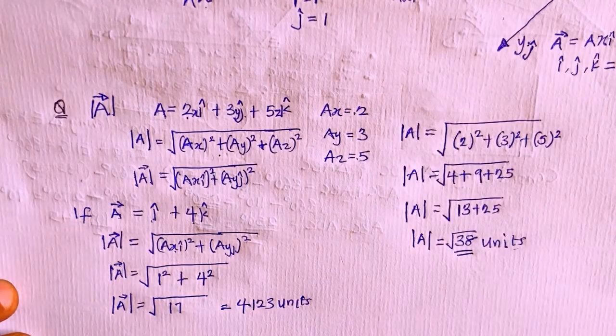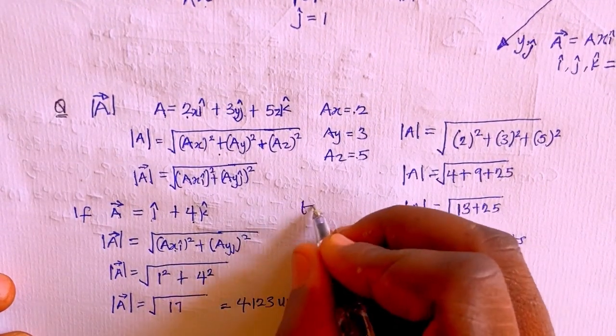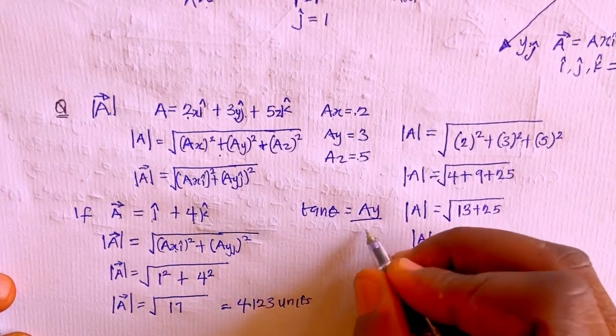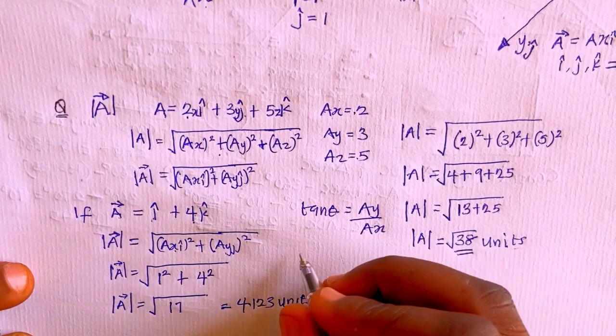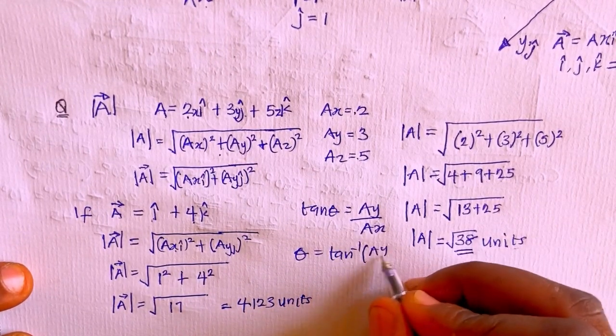So let's say we are asked to find the direction now. The direction is taken to be tan theta equal to ay over ax, right? So theta equals tan inverse of ay over ax.